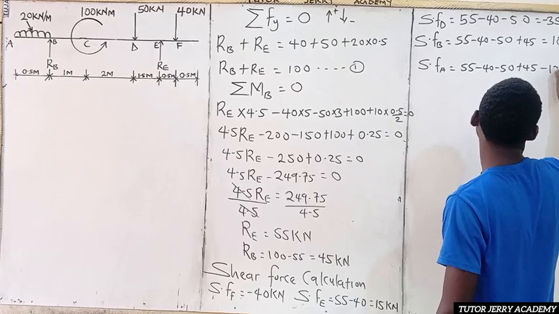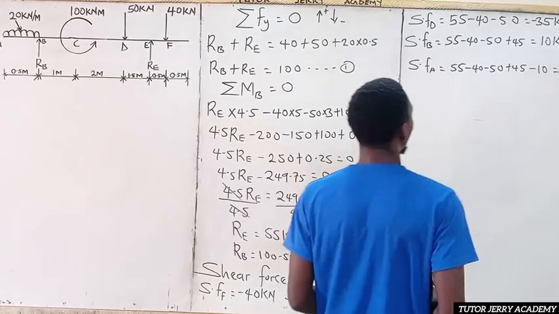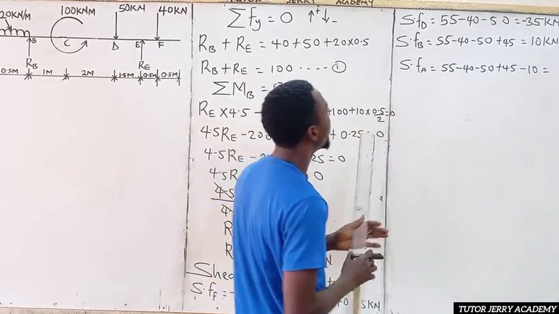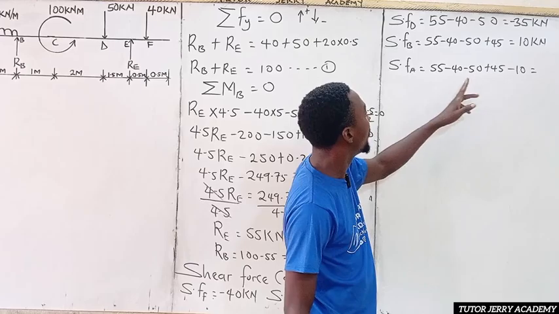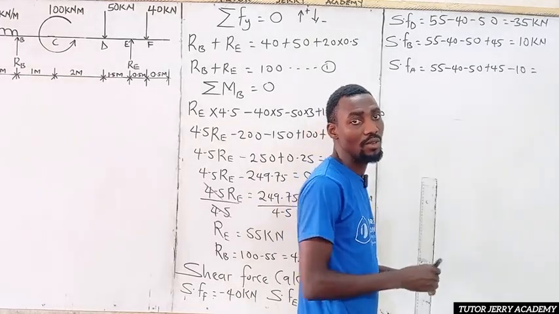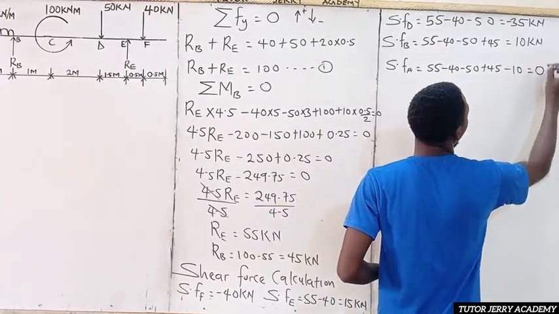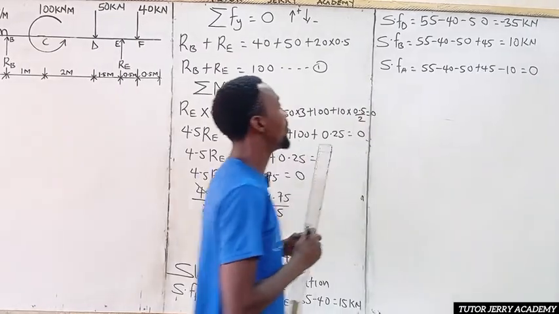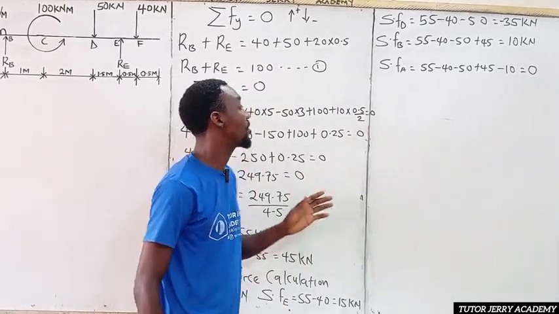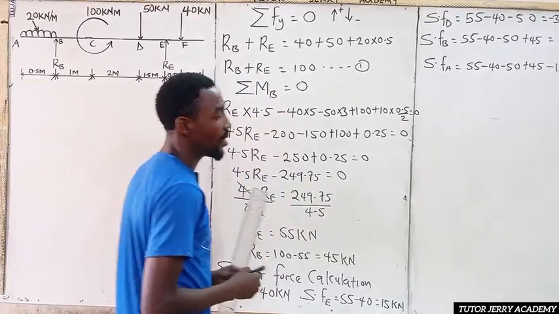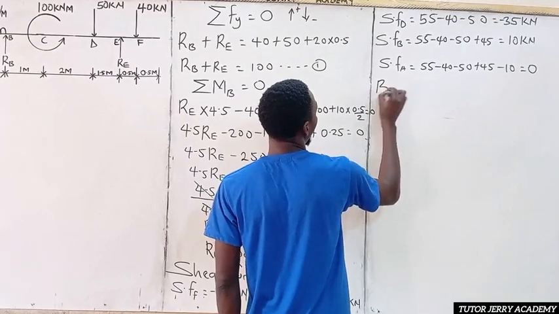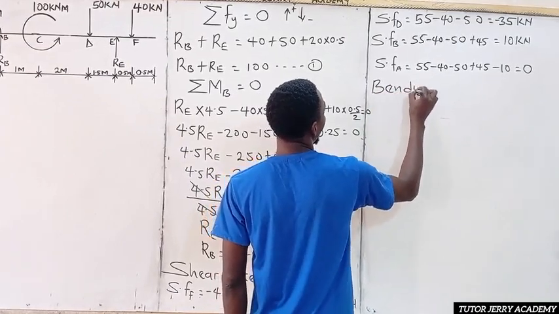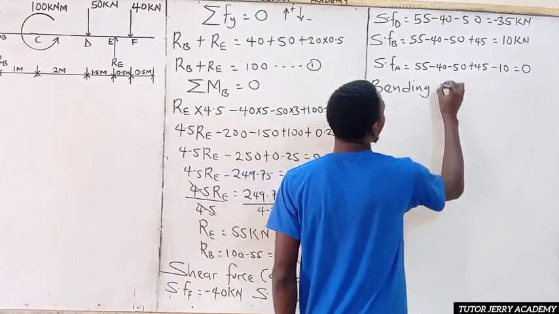So if we do this, I think we are going to have 0. Yes, that's correct. All right, so now the next one is the bending moment calculation. All right, bending moments.